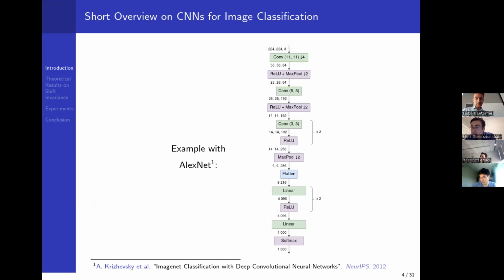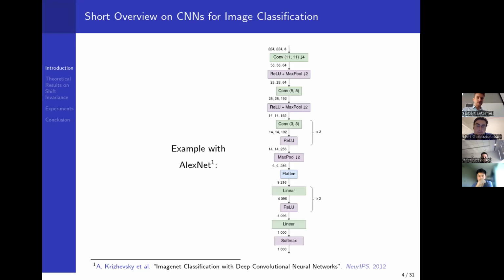As an example, let's consider a pretty old model called AlexNet. It was introduced in 2012 by Alex Krizhevsky. It's a very famous CNN architecture. As you can see, such a network is built upon a succession of layers through which an input data, in our case an RGB image, is propagated.